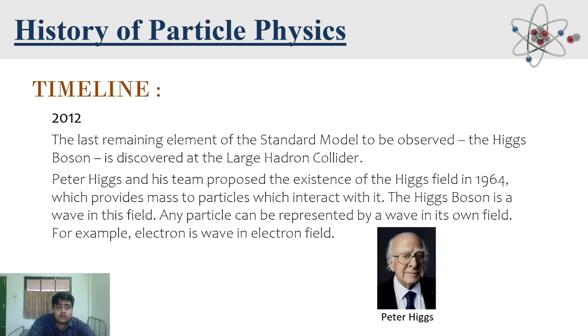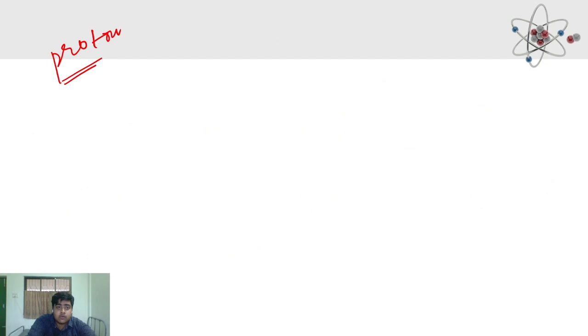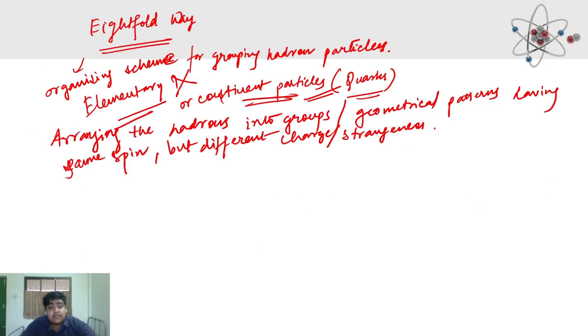Okay, now let's move back to where we were. Yeah. So, arranging the hadrons into groups or geometrical patterns having same spin but different charge or strangeness gives us the eightfold way.